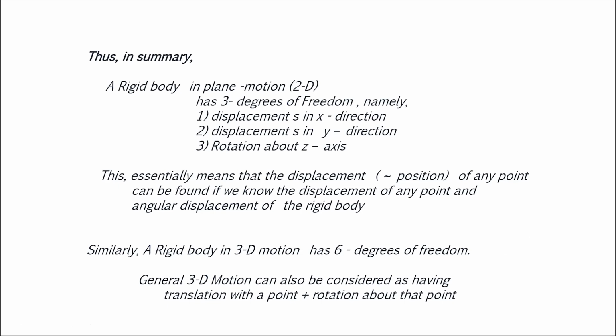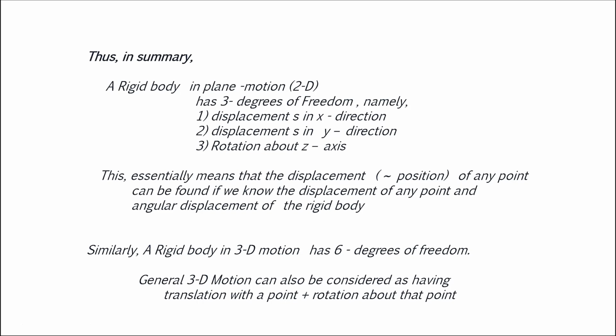I hope you have appreciated the difference between one-dimensional motion, two-dimensional motion, and three-dimensional motion of a rigid body. In one-dimensional motion, it has only 1 degree of freedom. The body does not change its orientation; the whole body is moving parallel to itself along the x-axis, nothing else.